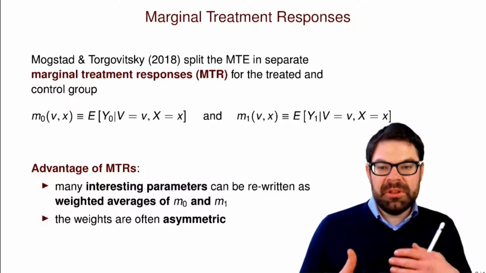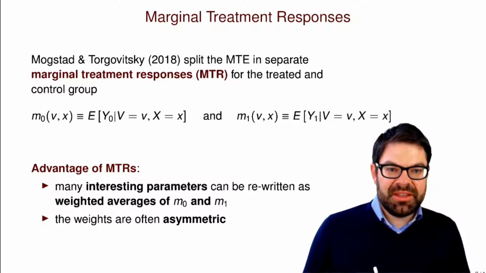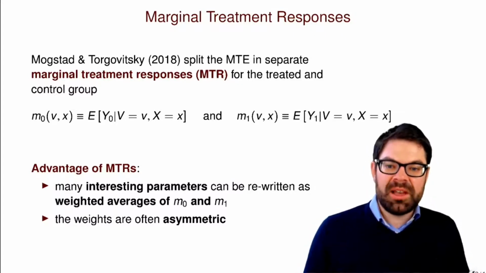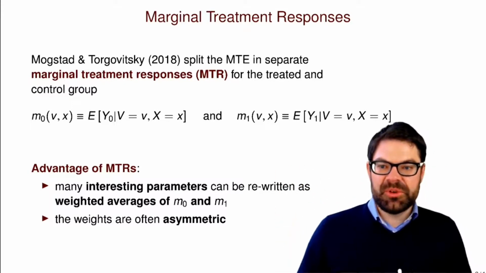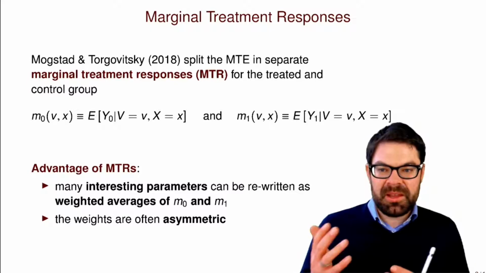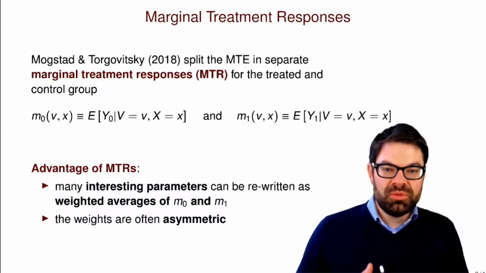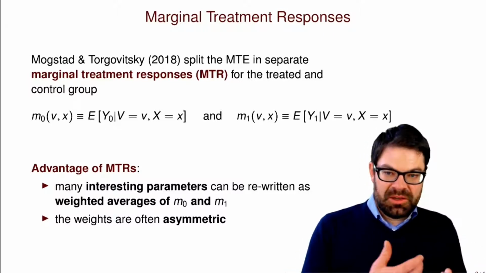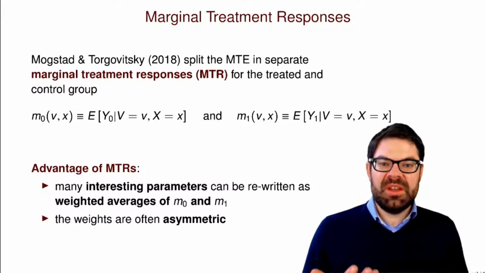And so there have been lots of recent methods papers that came out that formalize this idea. The idea itself goes back to the work of Heckman and goes back to Björklund and Moffitt and others who already had a lot of these ideas and incorporated them into models in the 70s and 80s.